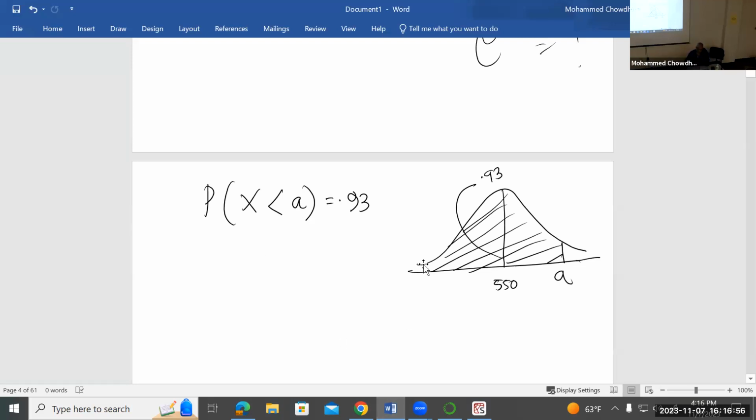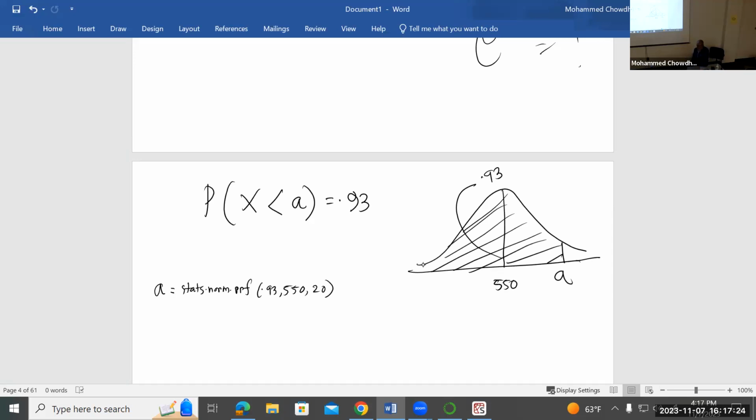So the answer is just this: A equals stats.norm.ppf(0.93, 550, 20). That's it. Clear?